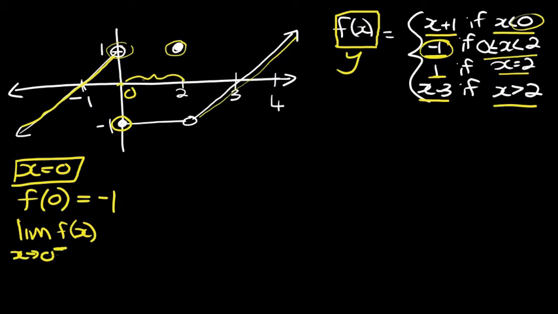Now if we approach x equal to 0 from the negative side, the x increases and you tend to x equal to 0. As x approaches 0, the y value is increasing and it approaches 1.